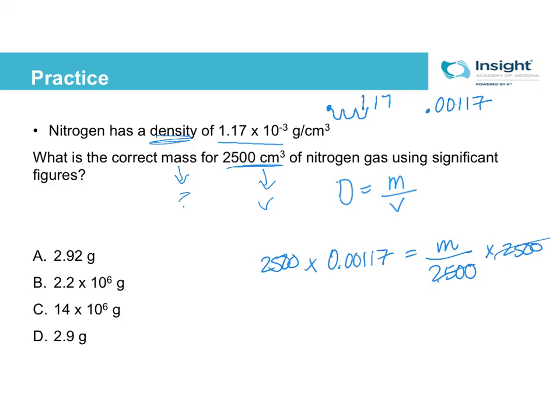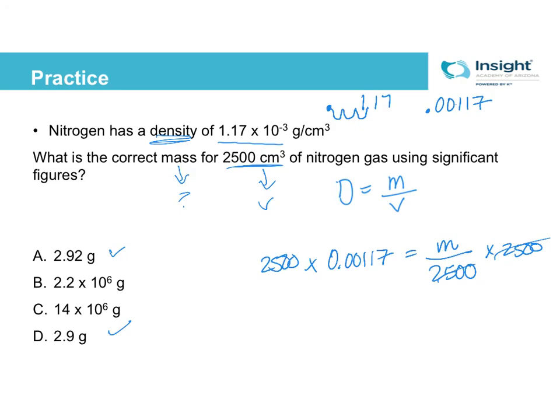So now the question is, which of those answers is right? Because technically these both work. So definitely if you got this one wrong, I'm going to give you the point back as long as you gave me one of those two. This is where your significant figures come in.